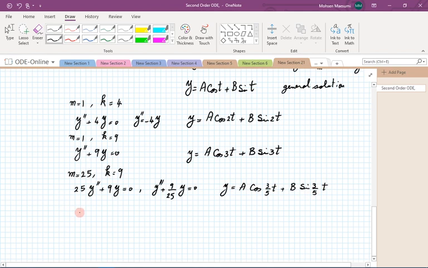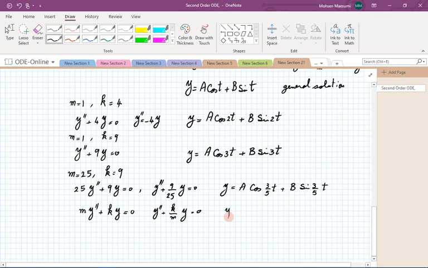Okay, let's go for the punchline. What about the following problem? So instead of just playing around with numbers, same thing can be done with parameters. M and K is mass and spring constant. So of course y double prime plus k over m y.